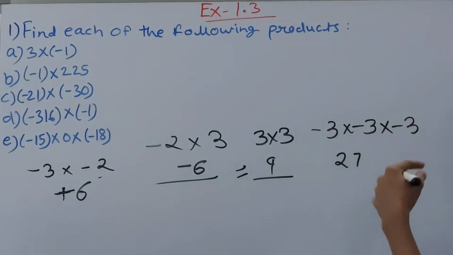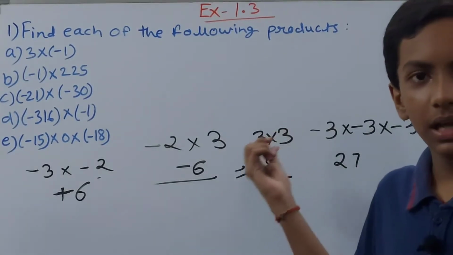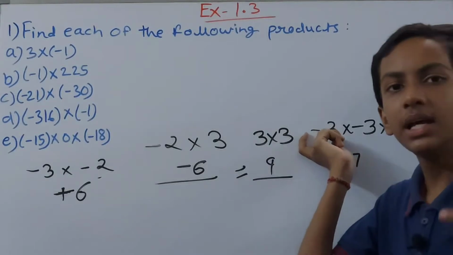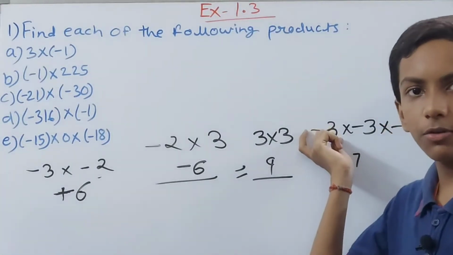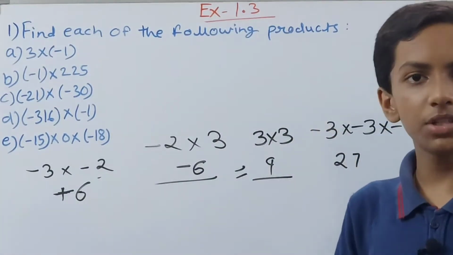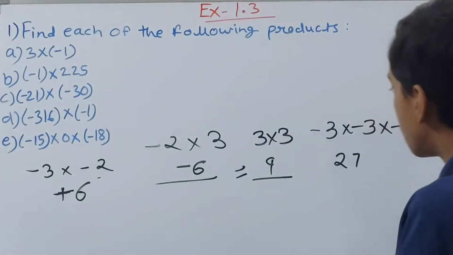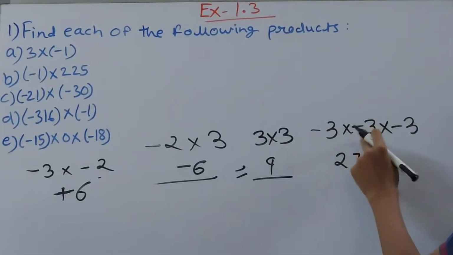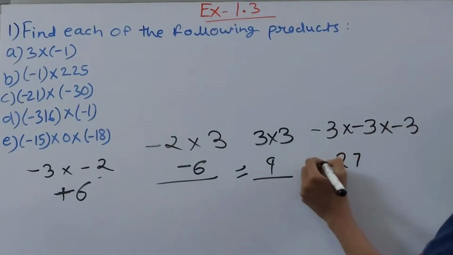Which sign shall we put? The negative integer minus 3 here is being multiplied an odd number of times. Odd number means a number which is not divisible by 2. So what product will we get? We put the minus sign.